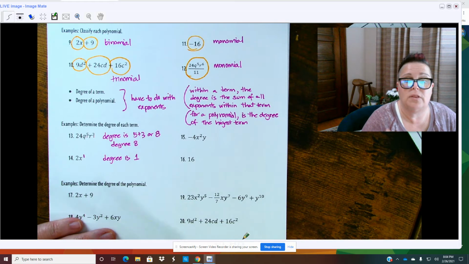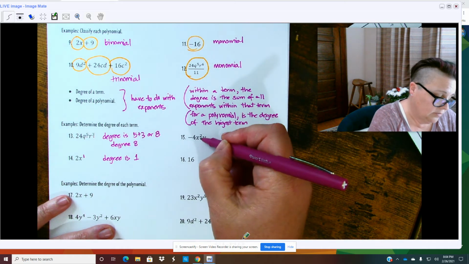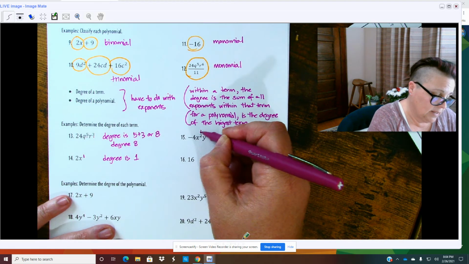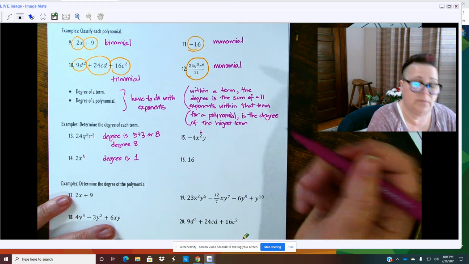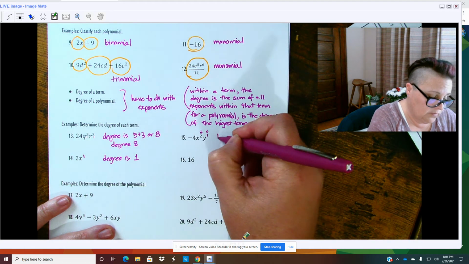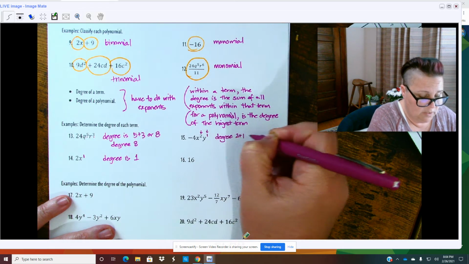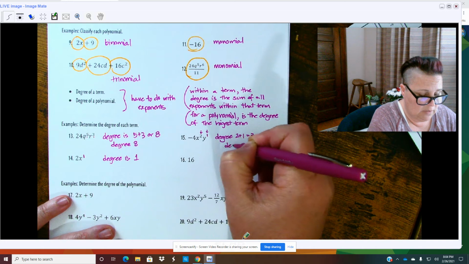Okay? If we look at number 15, here we have a negative 4x squared y. X squared, there's an exponent right there. And then on the y, we should have a 1. So this one would be degree 2 plus 1, which is 3. This is degree 3.